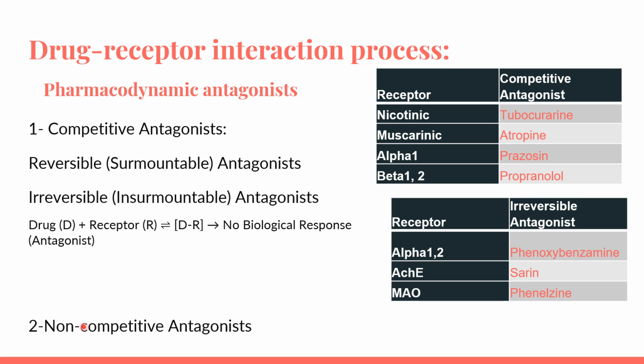And we also have some non-competitive antagonists. These non-competitive antagonists have to bind to the receptor as a whole, but their binding site is different than the binding site of competitive antagonists. Otherwise speaking, they bind to the receptor but not to the ligand binding site, to be more specific.